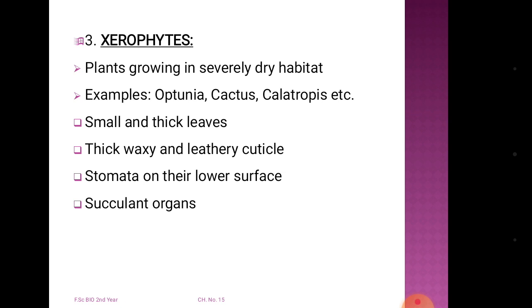In this case, we have seen that osmoregulation is maintained in these plants. They maintain the water concentration and solute concentration, whether these plants are present in a hydrophytic condition, mesophytic condition, or they are xerophytic plants.